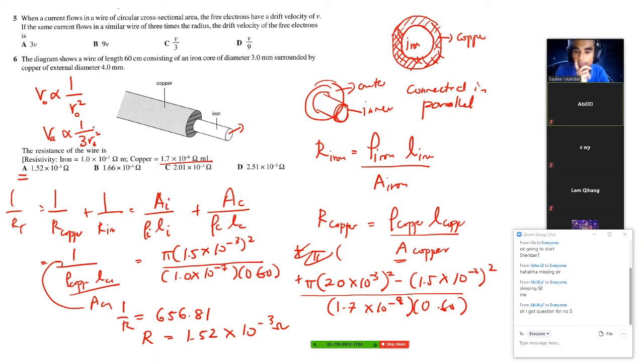So the 3 also has to be squared. So you have V A is directly proportional to 1 over 9 R naught squared.